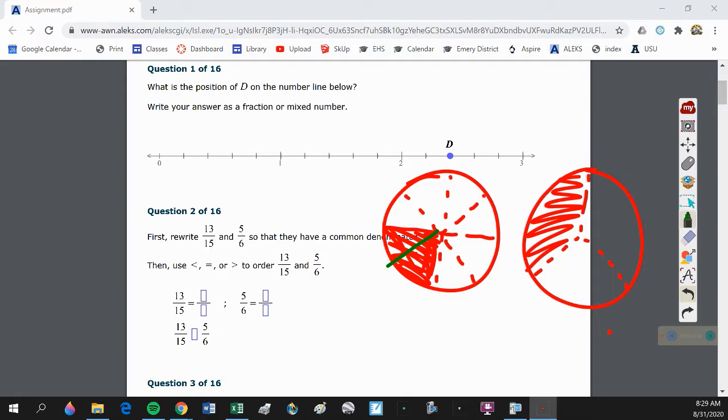What's wrong with that? Well, the pieces are different sizes. So if I just asked you how much cheesecake there is, and you told me 3 pieces, that doesn't give me any information about how much cheesecake you actually have.